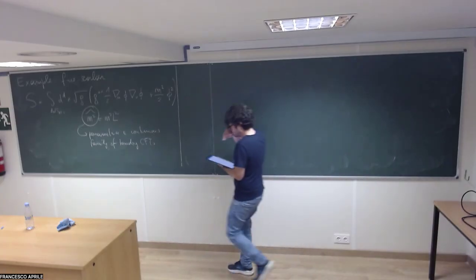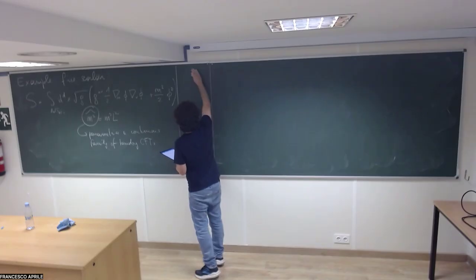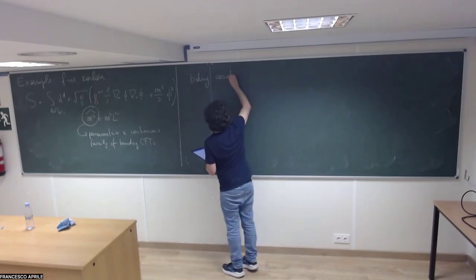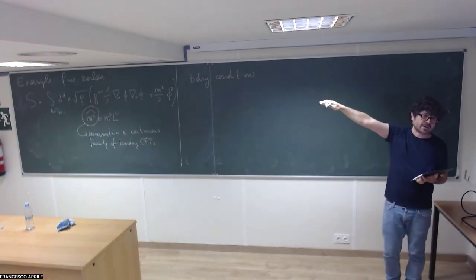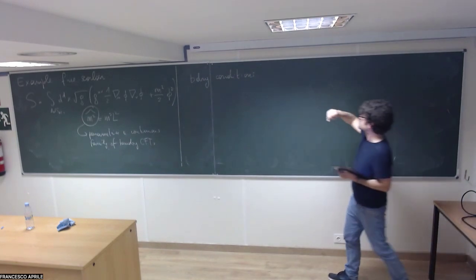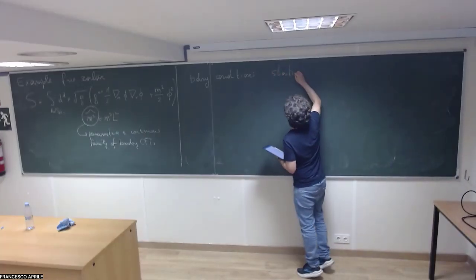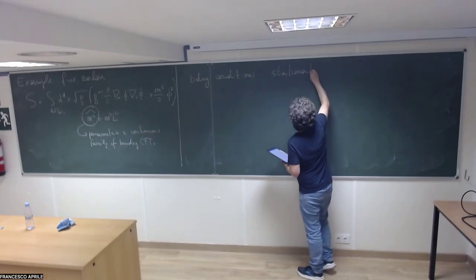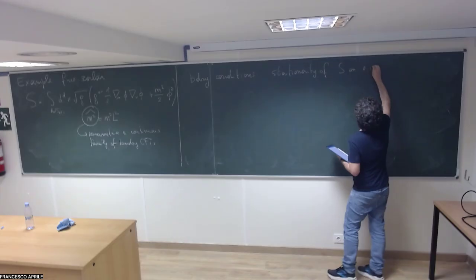So now, how do we fix the boundary conditions? In the examples in which we can rely on our action, the requirement is the stationarity of the action on the equations of motion, right?